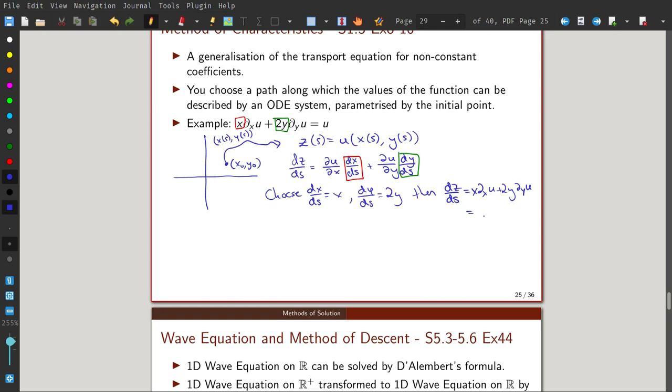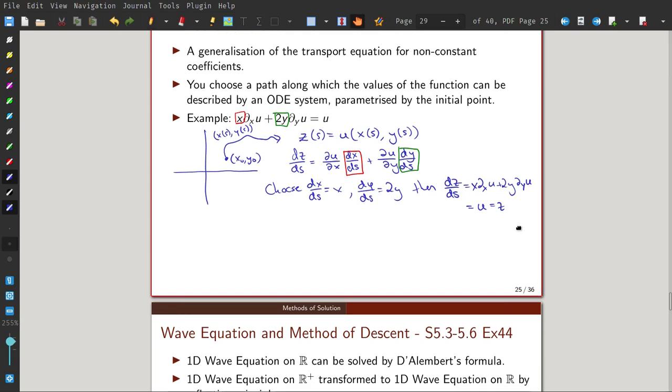And by the PDE, that's equal to u, which is just the function z considered as a function of s rather than as a function of two variables.